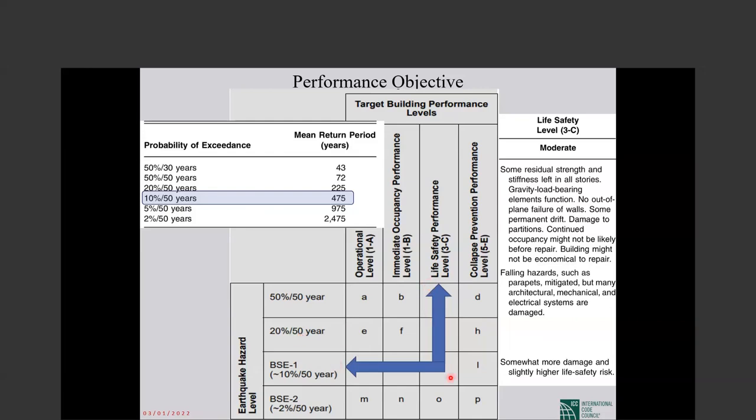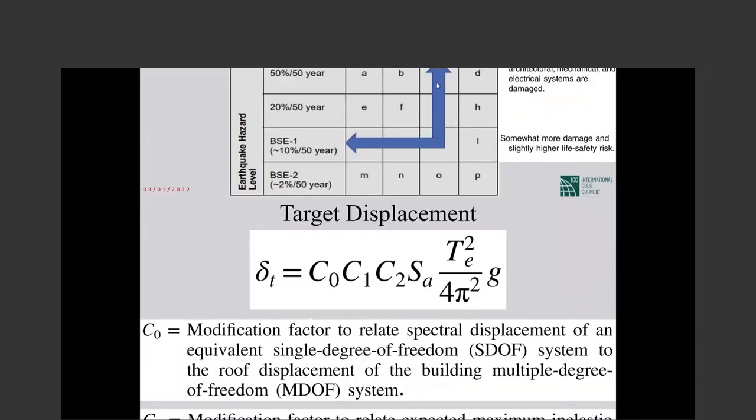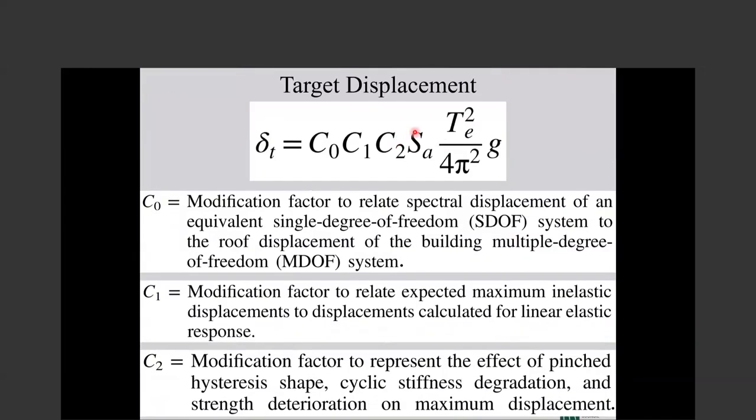So we start with this, then the most important formula that we have, or most probably the only one, no, there are a couple of load combinations and things that we will see later, but the main formula that we have for tonight is the target displacement.